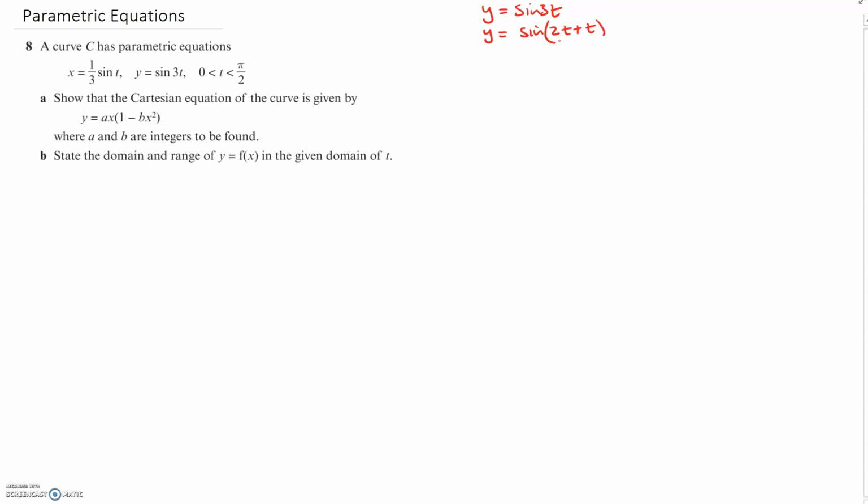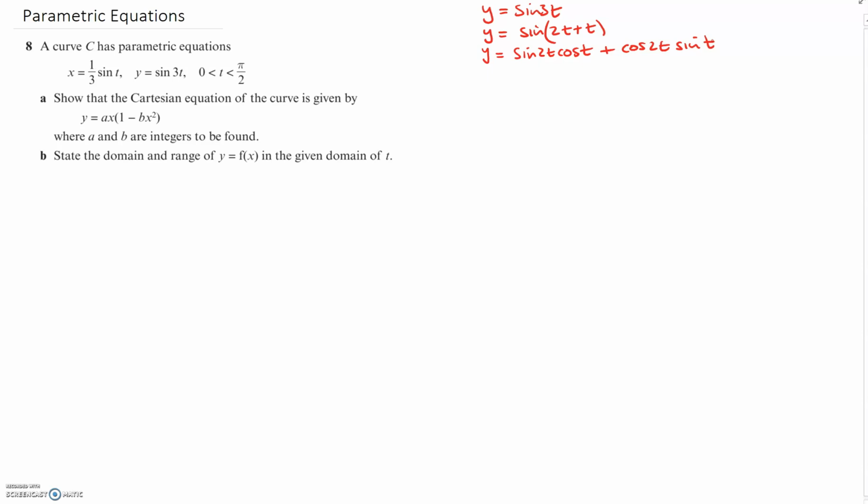From the addition formula we could rewrite this as sine 2t cos t plus cos 2t sine t, and then I can probably start rewriting this all in terms of sines in one way or another.